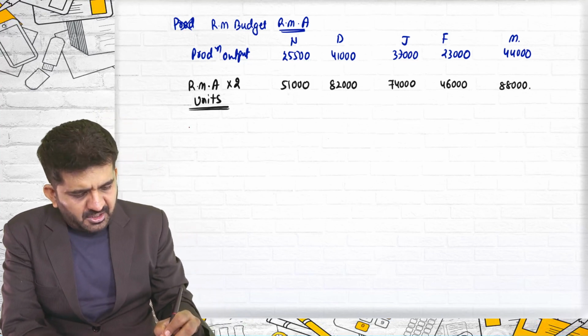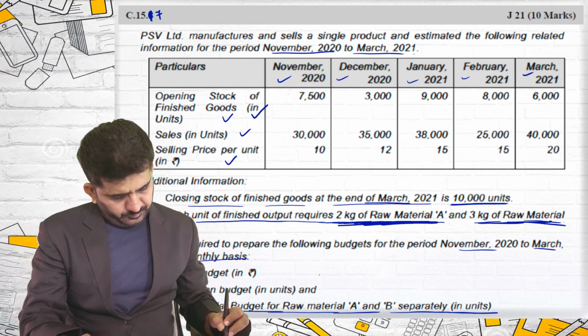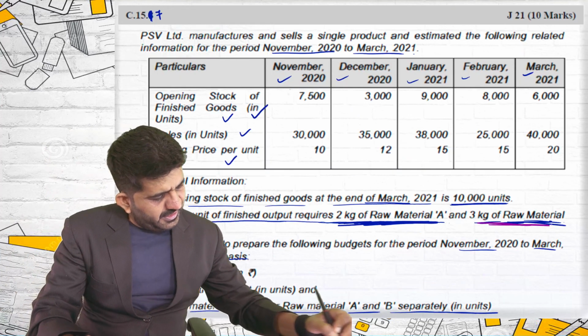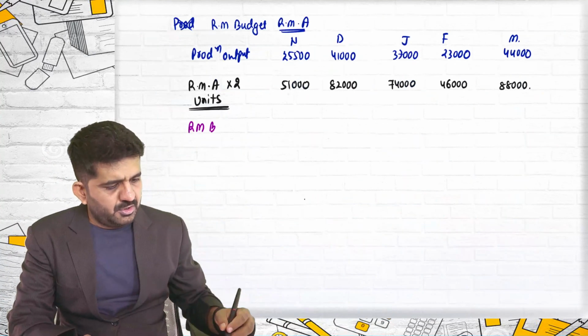How much raw material B will be required? 3 kgs of raw material B will be required to manufacture a unit.